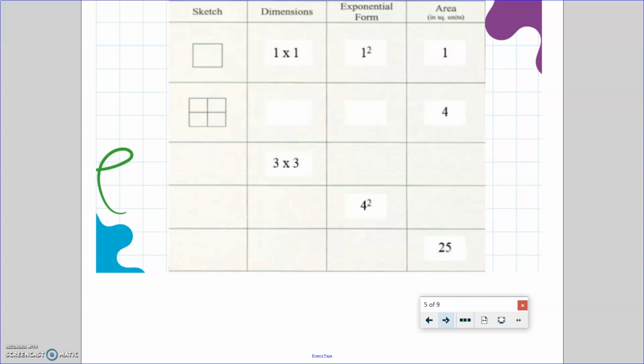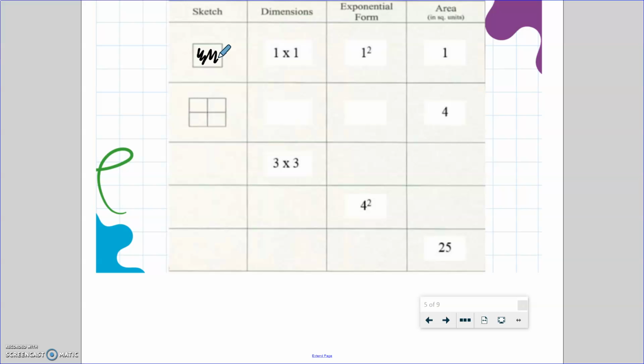Now let's take a look. So I have a sketch here, and I have one square. This square has the dimensions of a 1 by 1. Okay? So in exponential form, it'll be 1 squared. The area of this square is 1, because 1 times 1 is 1.